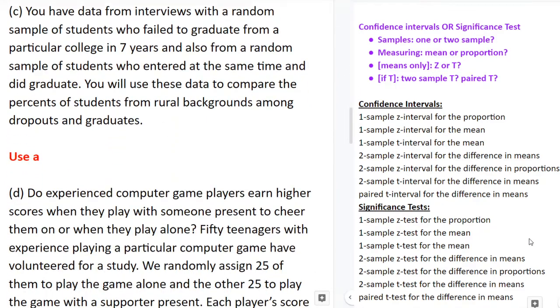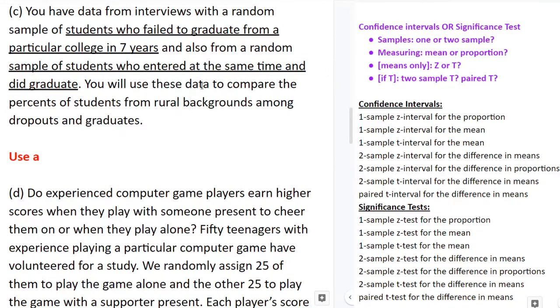For part C, go ahead and pause. So here you want to look at your samples. So the first one is students who failed to graduate in 7 years. So that's one sample. And then another one is a sample of students who entered at the same time and did graduate. So you're looking for differences between these two groups.